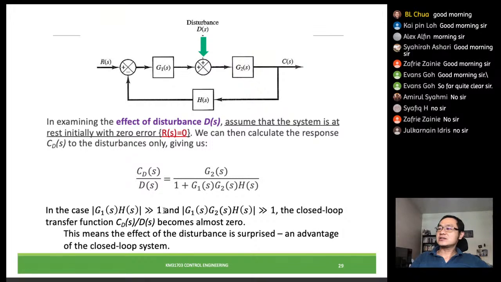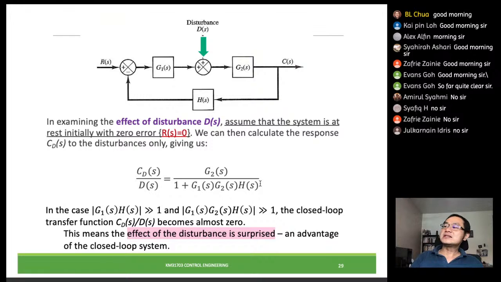When this H is very high, then it will be much greater than 1, and because of that, when this H is very high, then this would become almost 0. Meaning to say the effect of the disturbance is now being suppressed. Even though this signal is coming in, because of this transfer function of H, it will try to neglect the disturbance itself. It suppresses the disturbance itself.